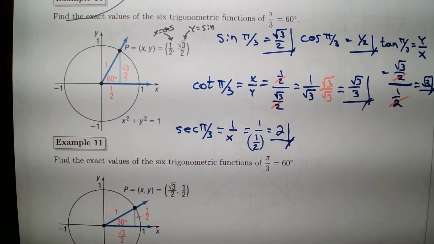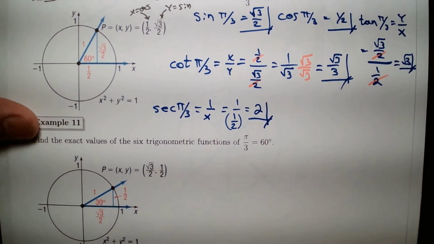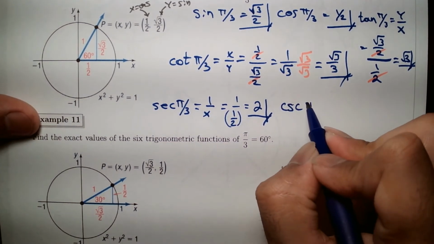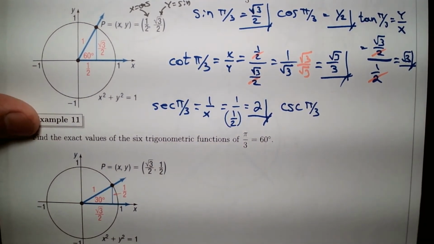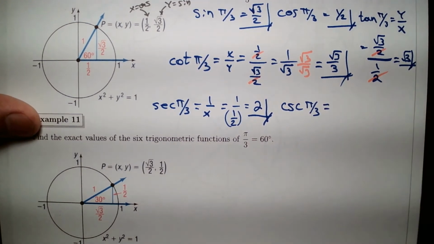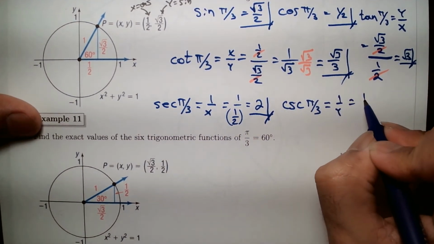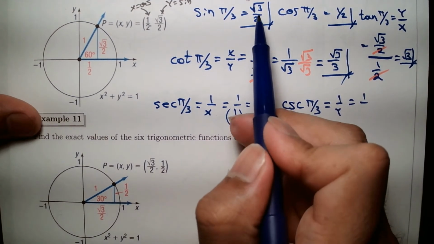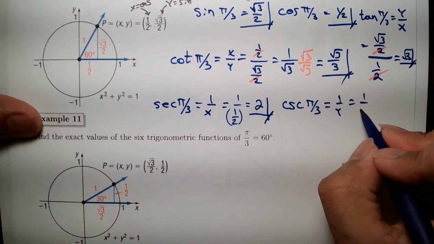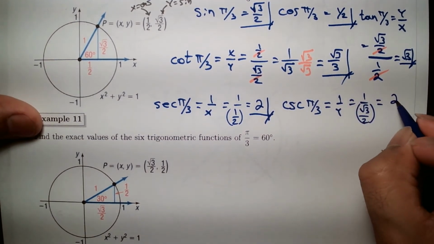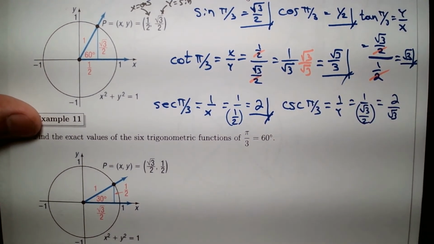And last but not least, we need cosecant of pi over 3. Cosecant pi over 3, which is going to be 1 over the y coordinate, which is 1 over square root of 3 over 2. But again, this is 2 over the square root of 3.